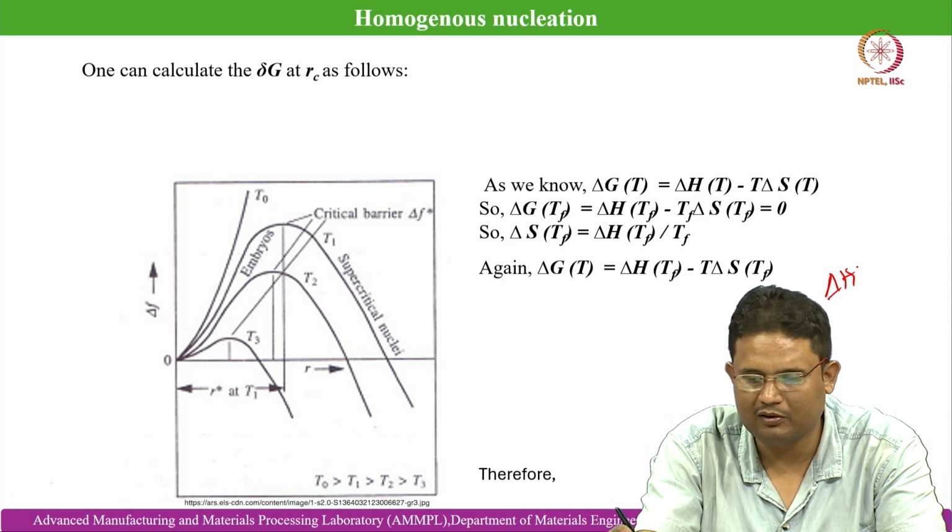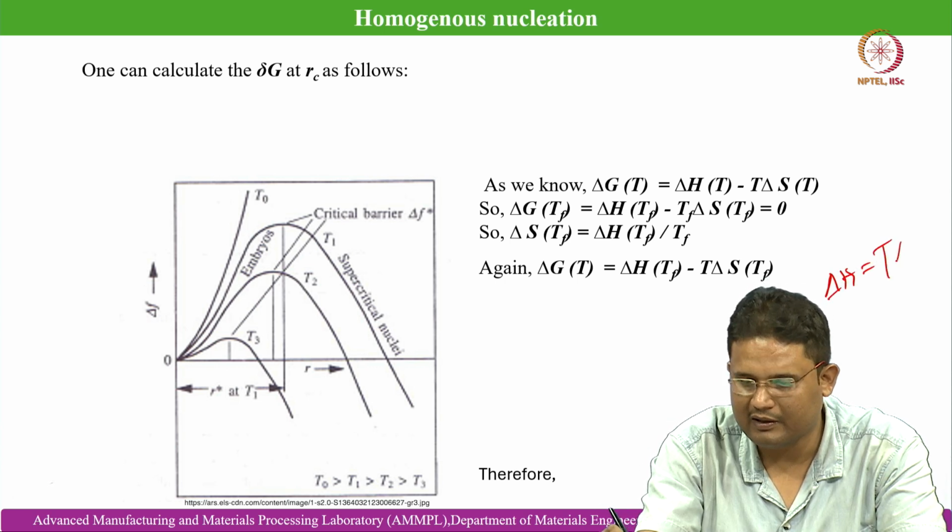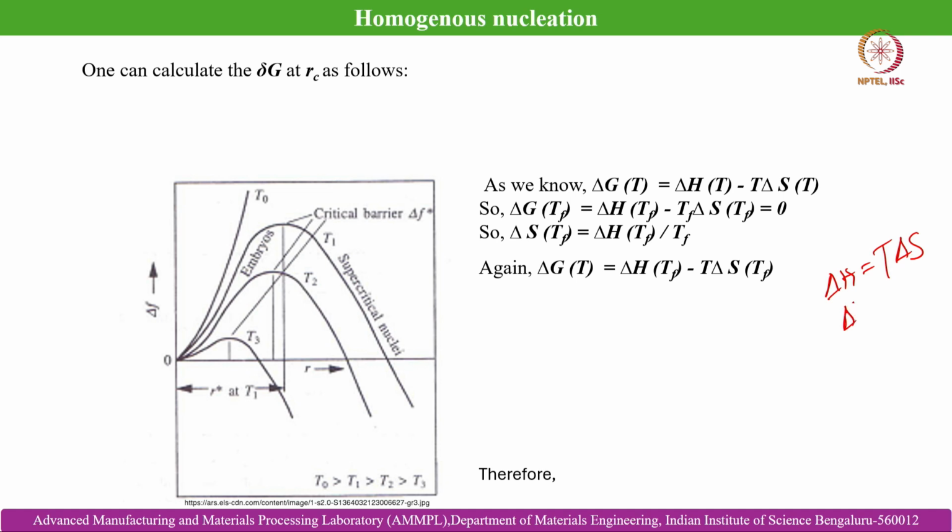Because at equilibrium delta H F is equal to T delta S F. So, that is why delta S F is equal to delta H F divided by T F. This is how we are getting the value of delta S at Tf.